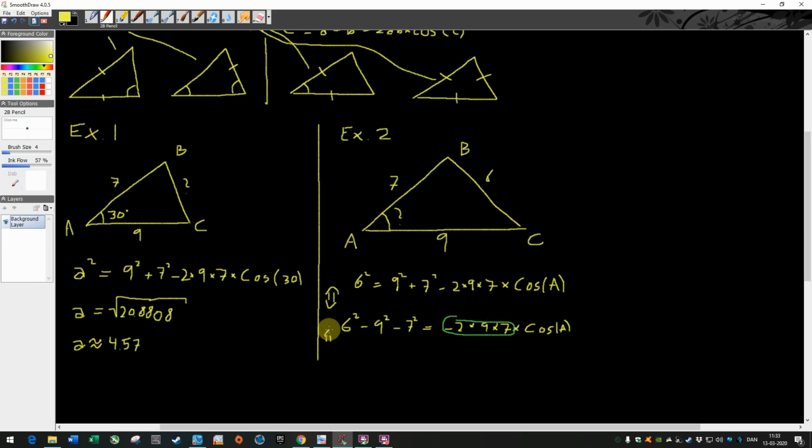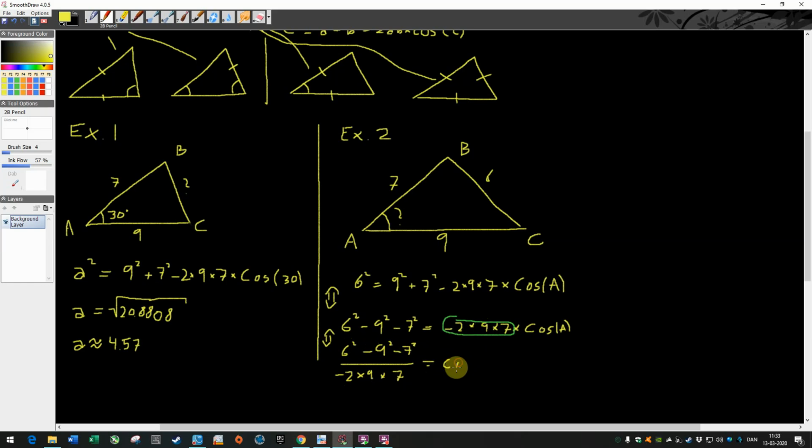The green number. So cosine of A equals 6 squared minus 9 squared minus 7 squared over that number we have there, negative 2 multiplied with 9 multiplied with 7.